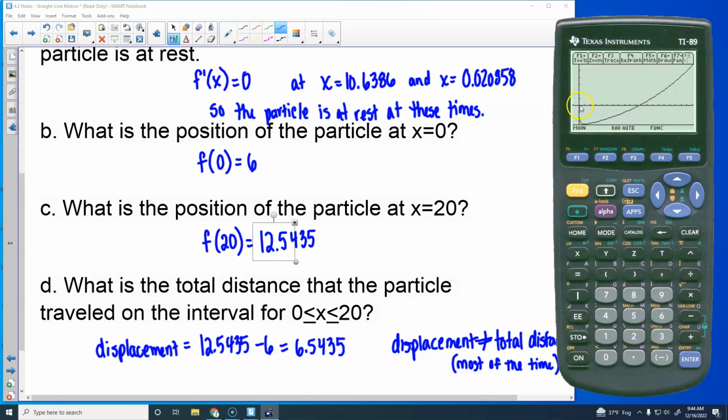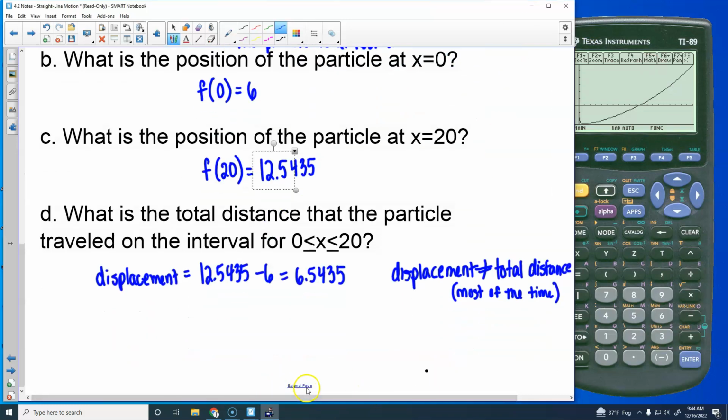But I've got mostly a negative derivative, which tells us what? Moving to the left. And then I've got a positive derivative, which tells me I'm moving to the right. This one's a little bit weird.